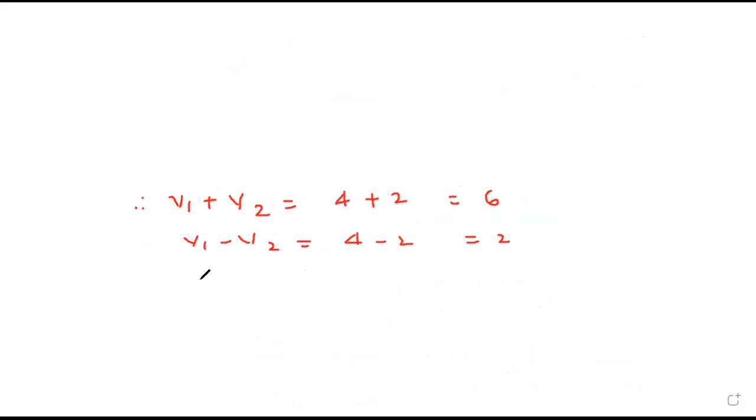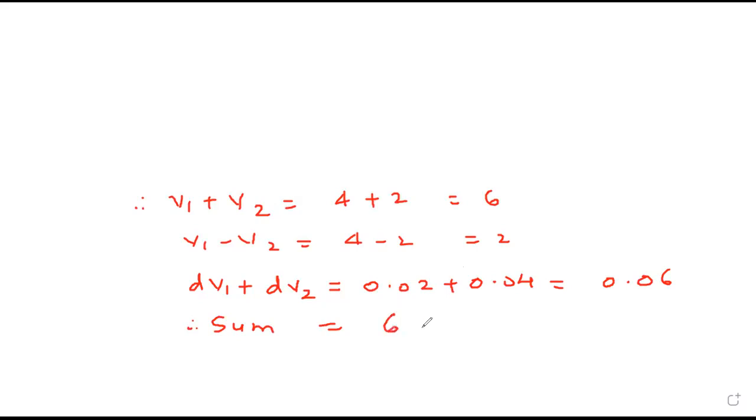But for error, you have to always add dV1 plus dV2, 0.02, 0.04, 0.06. Therefore, sum will be 6 plus or minus 0.06 meter cube, and difference will be 2, but error is always sum of the two errors.